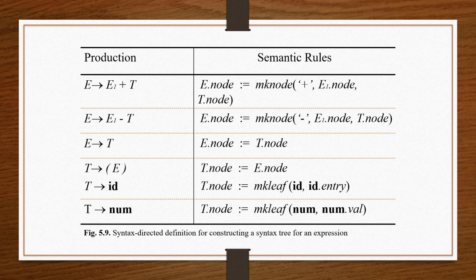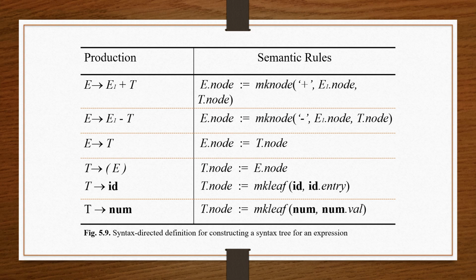Understood? When we convert from infix to postfix, postfix is always a parenthesis-free expression. So here the bracket is necessary only in the syntax, for the construction of the syntax tree, but not for implementation purposes.